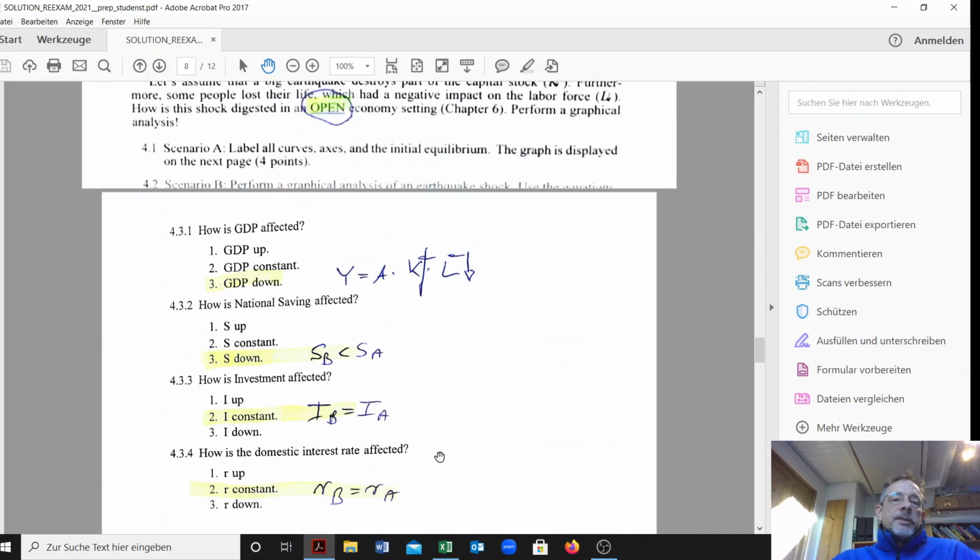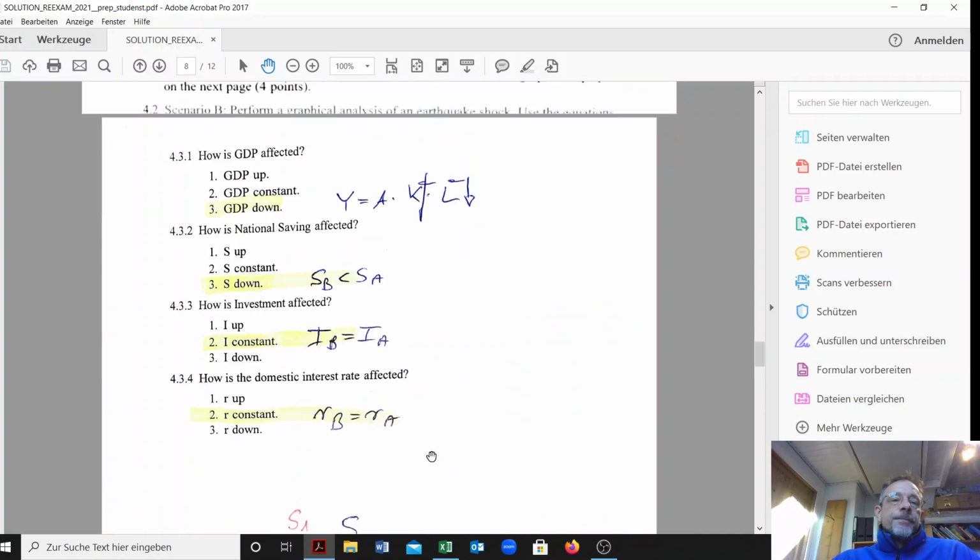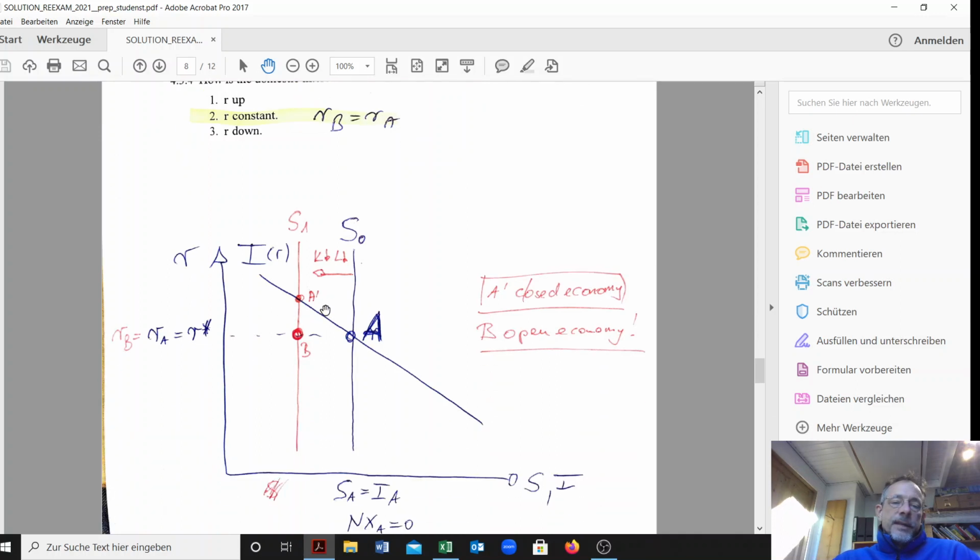Yeah, let's go back to the follow-up questions. How is GDP affected? GDP is down because capital and labor decrease, and then also the Y variable is down. How is national savings affected? SB is smaller than SA, so saving decreases. What about investment?